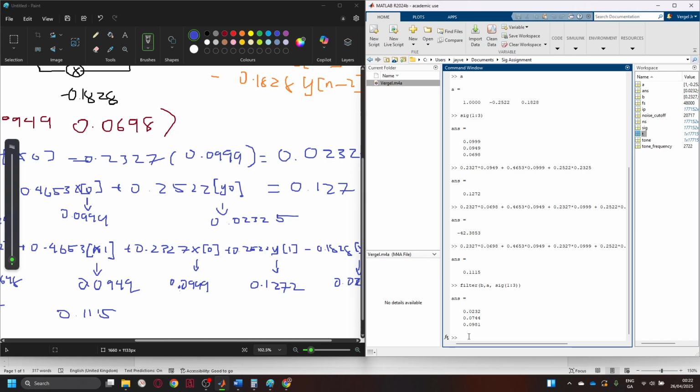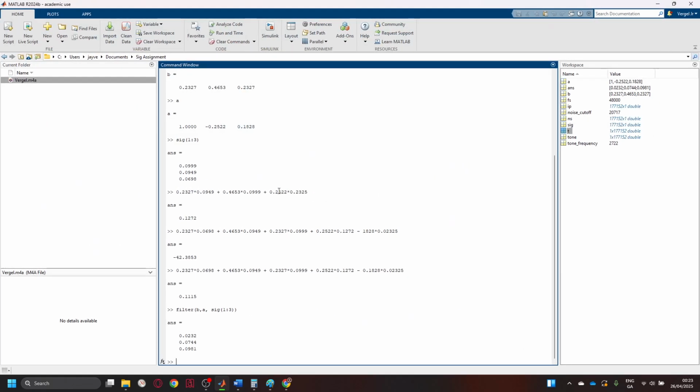Huh, that is not the answer at all. Which part did I go wrong? Just going to double check. Oh, I see. I actually got this part wrong. There's supposed to be a zero there, so that kind of cascaded it down. So I'm just going to paste this and put a zero there.